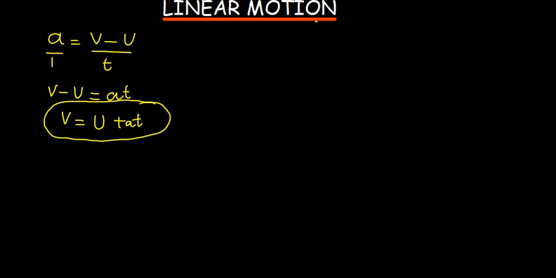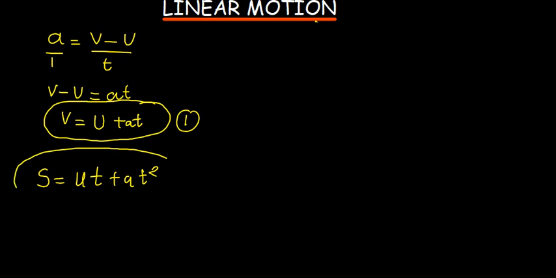And then the other equation that you should have in your mind is distance is given by initial speed times time plus half gt squared. Or we'll not use g, we'll use a, acceleration. g is used as acceleration when something is falling, but this is linear motion.